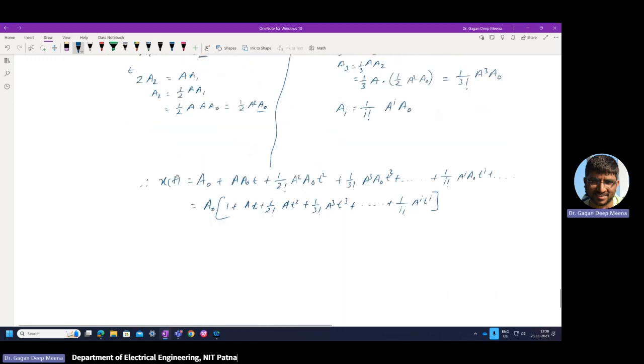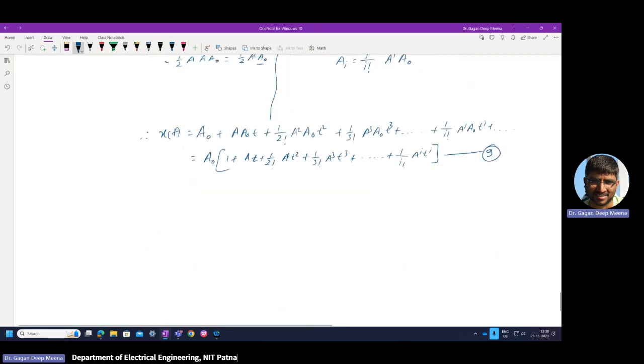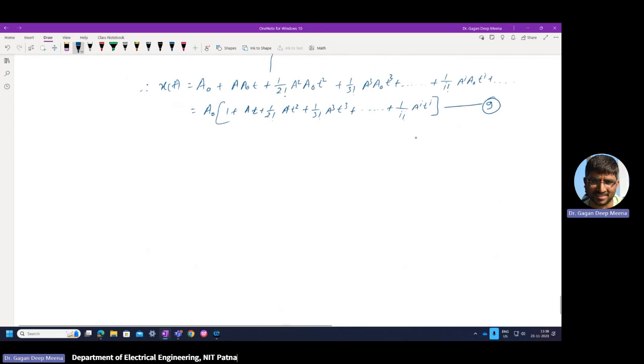As we had equation number 8 up there, we can keep the number here as equation number 9, where I is nothing but a unit matrix.